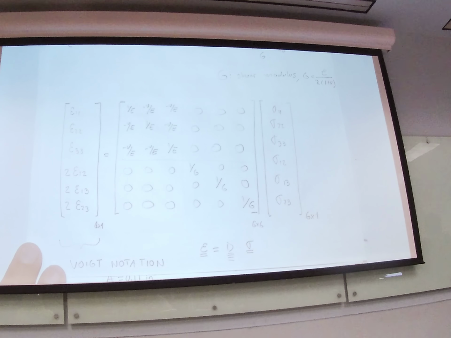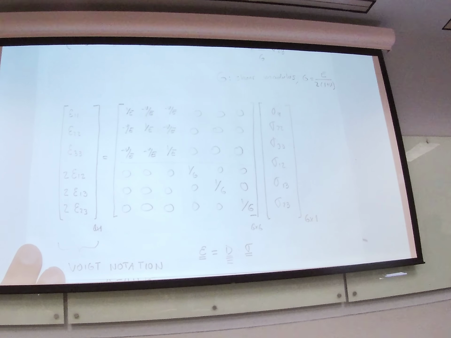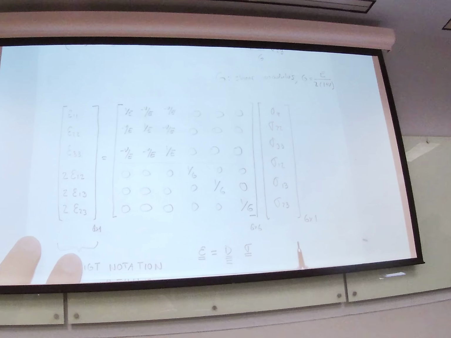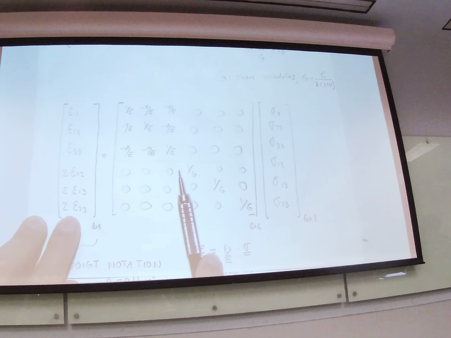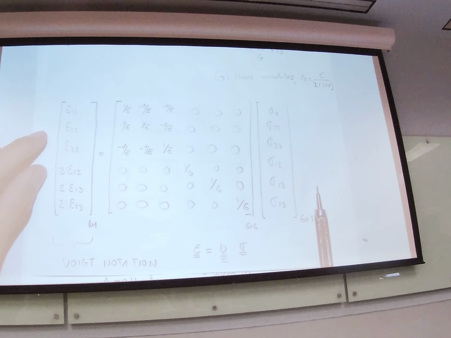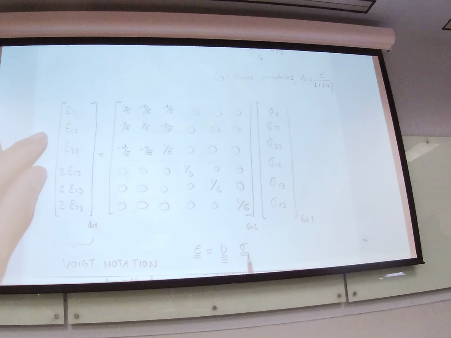the strain tensor, but now this is written as a vector and a matrix, and we just write it as a column. I guess you can imagine now that if we have a vector here and a vector there, what goes in between is a matrix, right? But if you have a 3 by 3 matrix and a 3 by 3 matrix, in this case, what is going to go in between?